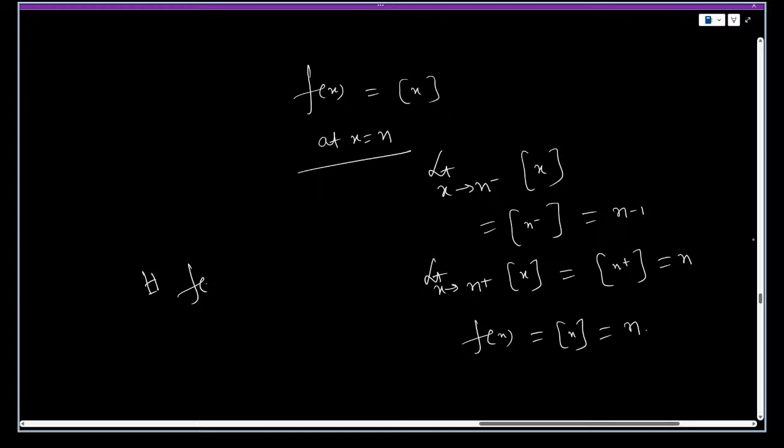You need to check this function also, f(x) equal to x minus modulo x. Just check this one for continuity. Just try it once. I give you 1 minute time.